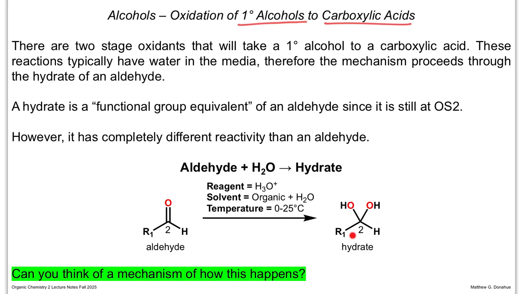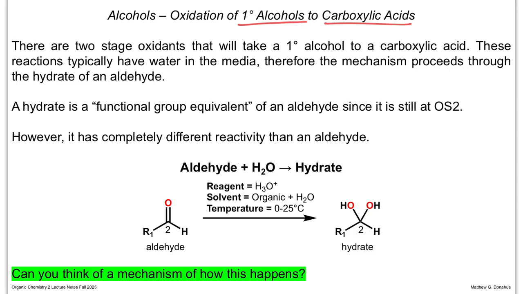So on the next slide, I'll show you this mechanism of how that forms. And essentially, under the two-stage oxidation, the aldehyde is converted to this hydrate, and the hydrate then goes up to OS3. So if we recall our definition of oxidation reduction, oxidation is when that number increases, reduction is when it decreases.